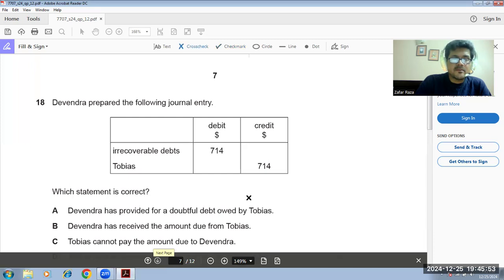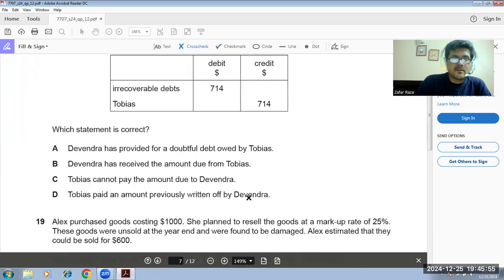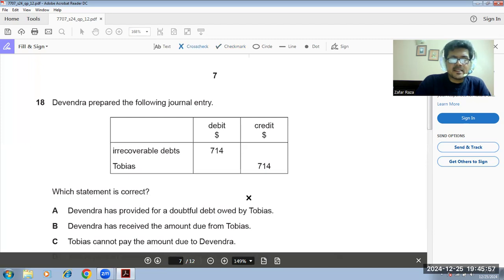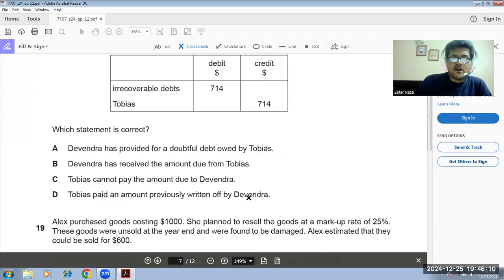Question 80. Bad debts. Devendra has written off the account of Tobias. This is writing off an account, so it has nothing to do with Devendra having provided a doubtful debt.